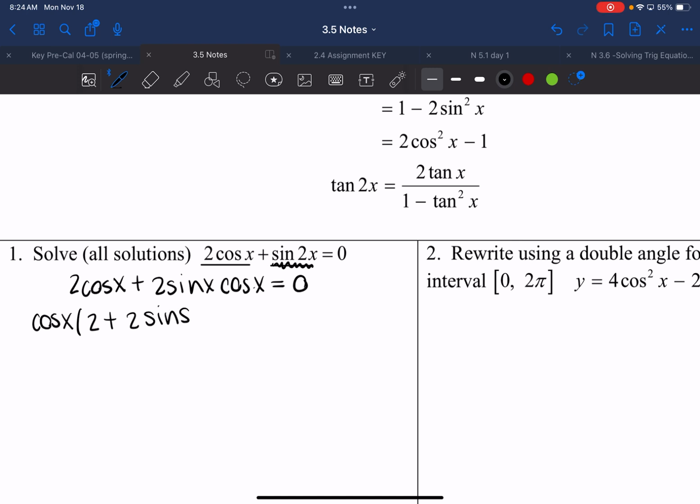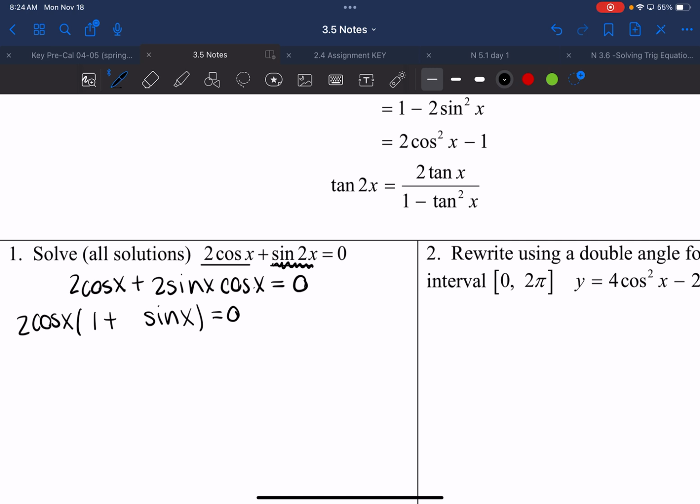Okay, so is there anything else I could factor out besides just the cosine? The 2. Okay, so let's actually factor out a 2. And then we're just left with 1 plus sine of x, right? Okay, and we don't have any exponents, so we can't really factor it any further.